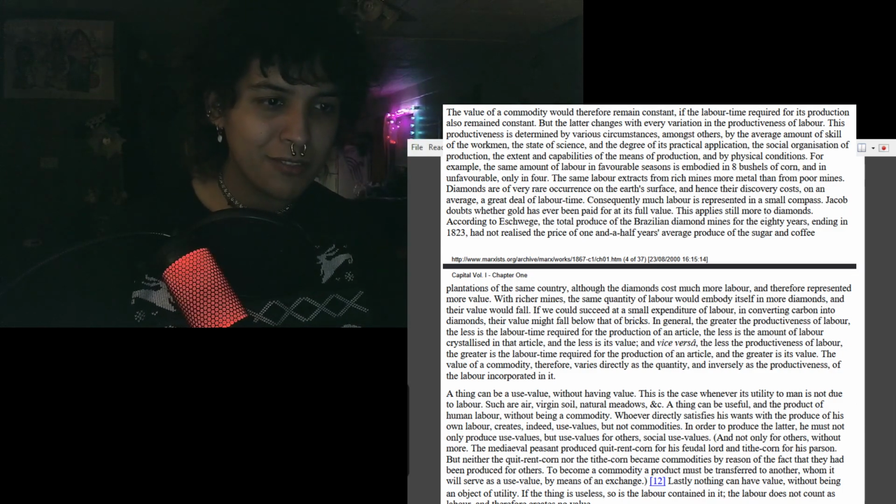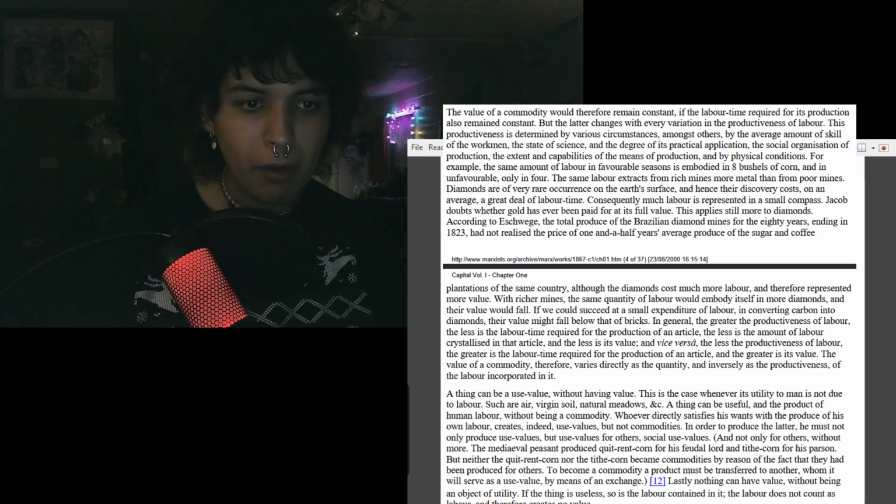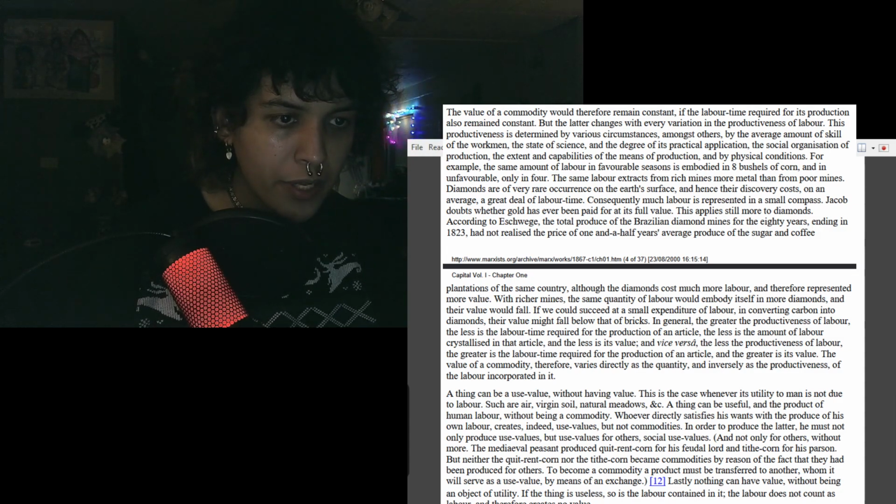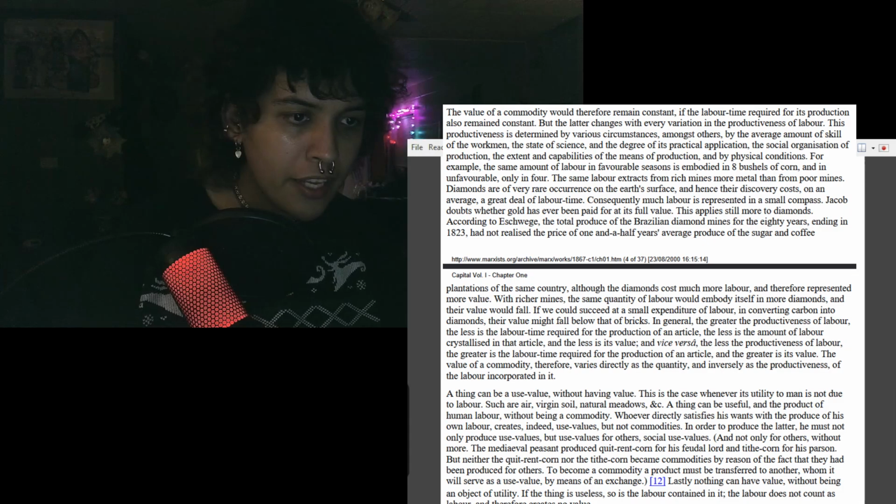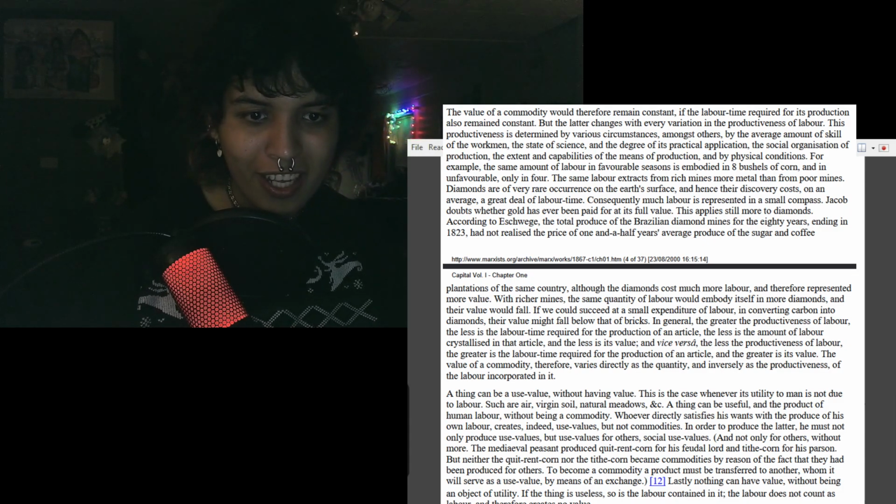The total labor power of society, which is embodied in the sum total of values of all commodities produced by that society, counts here as one homogeneous mass of human labor power, composed though it be of innumerable individual units.